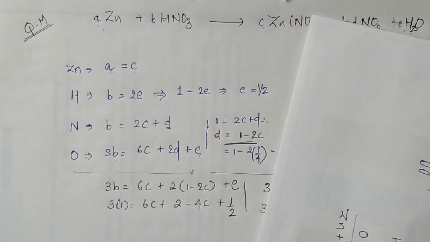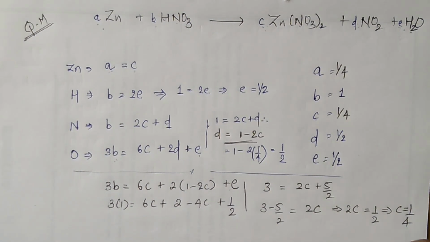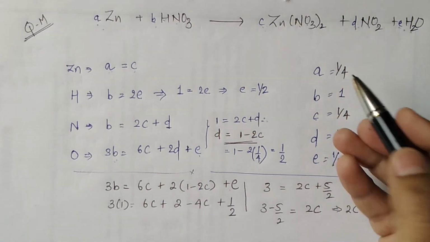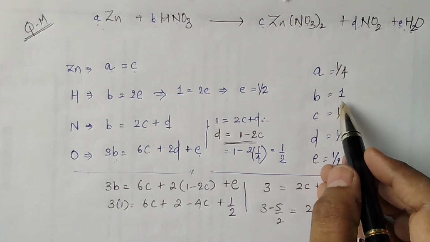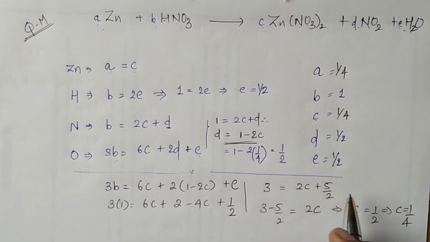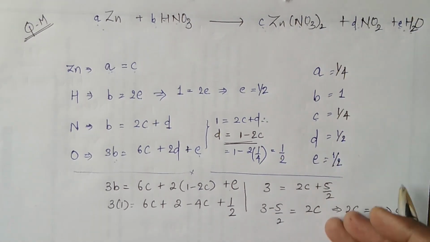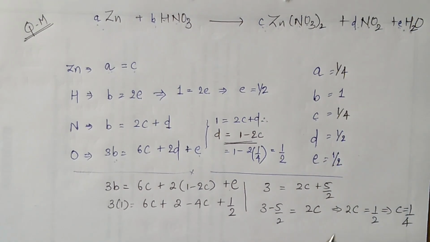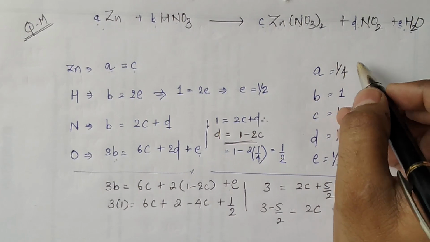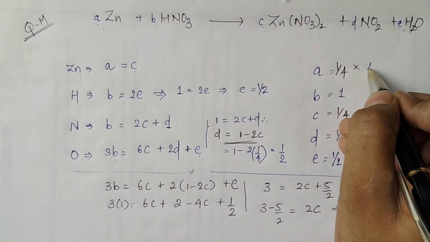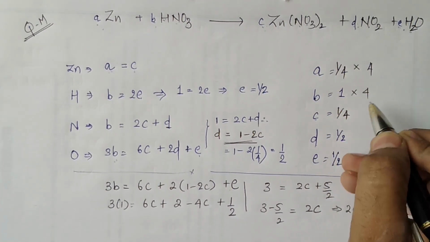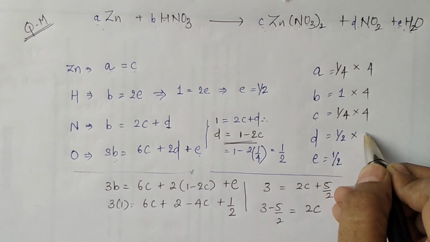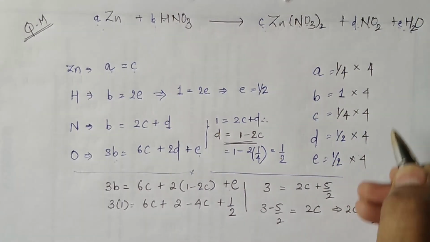But generally we don't keep the equations in decimal. That means this will be 1 by 4, 1 by 4, 1 by 2. What we will do, we'll multiply with such a common factor which will give me the whole number for each and every coefficient. So if you see carefully, if I multiply everything with 4, then I will be getting the whole numbers only as the answers.